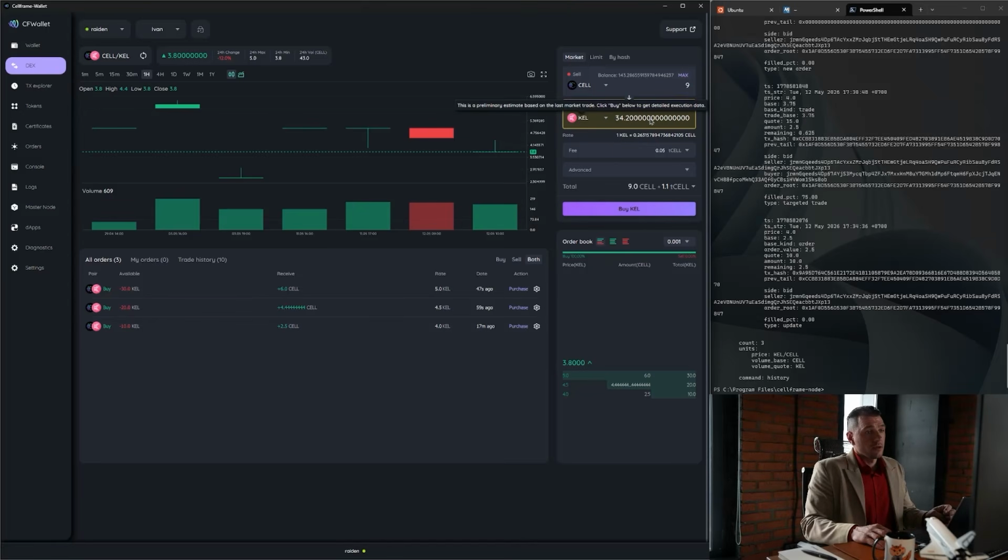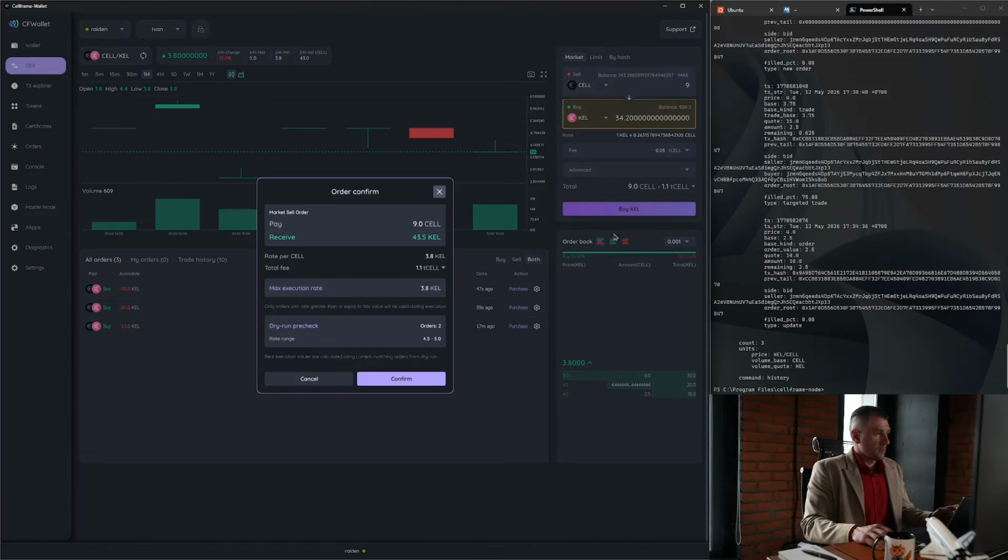The UI may precompute the received amount according to the visible market rate, but this value is not guaranteed to be exact, because not all orders in the market have this rate. But if we press buy, we will see that at this limit, we will receive a bit more.